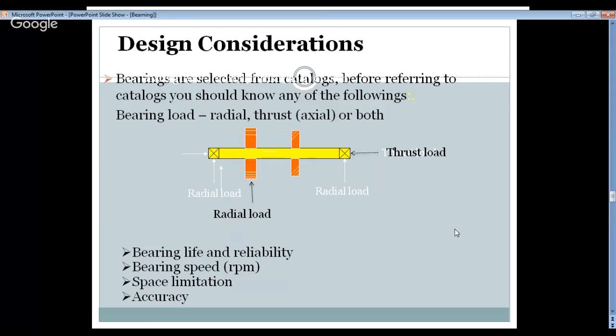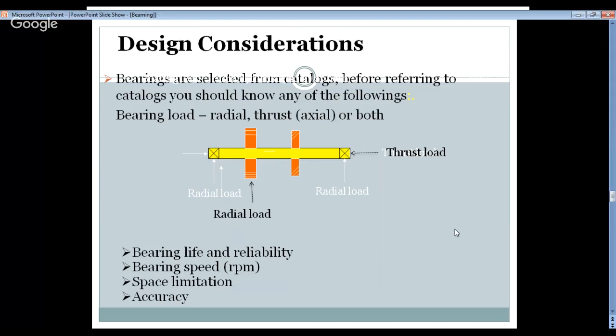What parameters should we know when we are going to select any bearing? The parameters are bearing load, the exact magnitude and direction, meaning magnitude wise the value, and direction wise whether the load is axial or radial. The second one is bearing life and reliability. Then bearing speed. Space limitation means the space in which the bearing is to be mounted, or you may say the space in the housing.